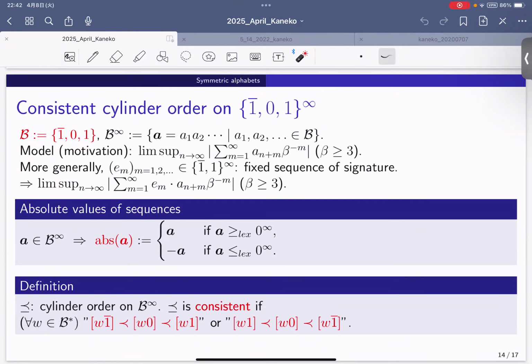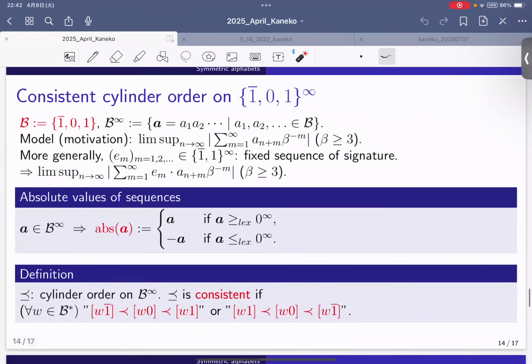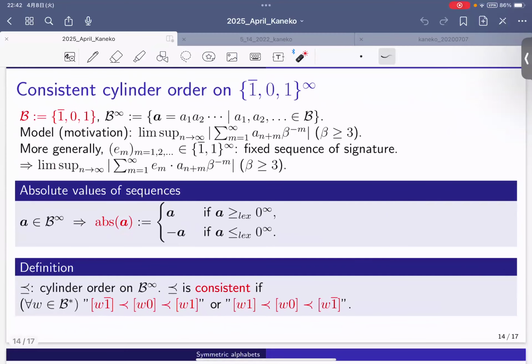Because the original motivation comes from this, and here when an is -1 or 0 or 1, and more generally we consider a general version.